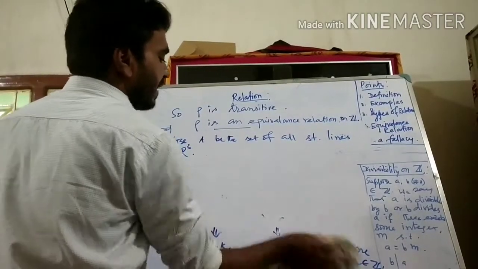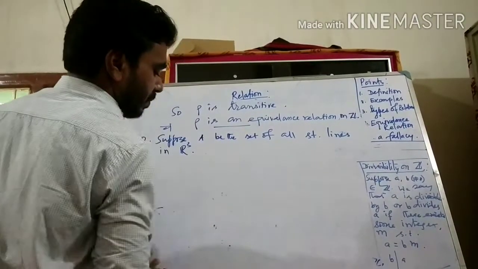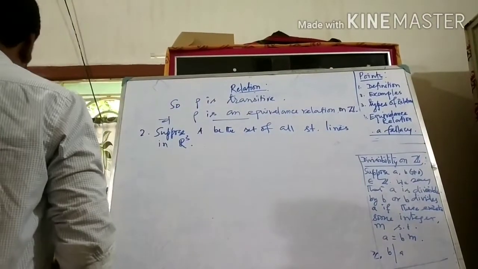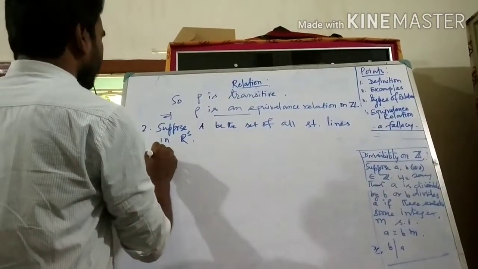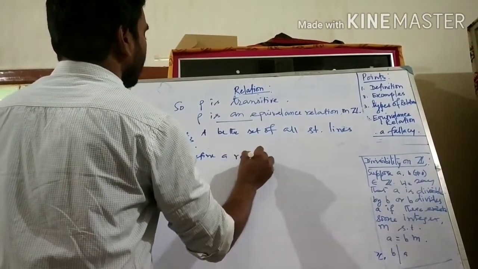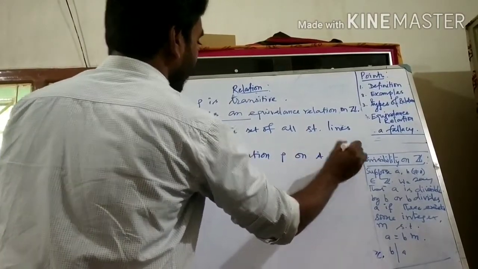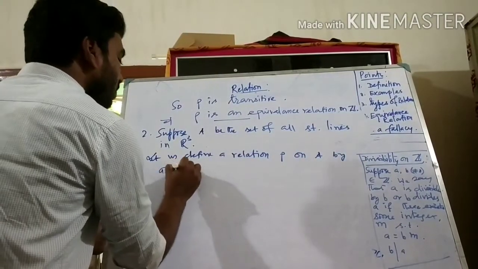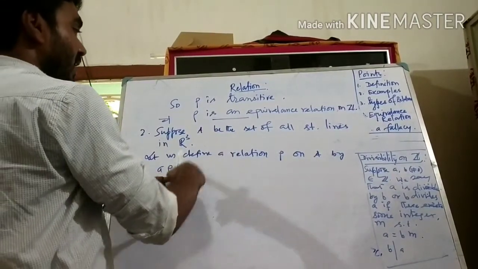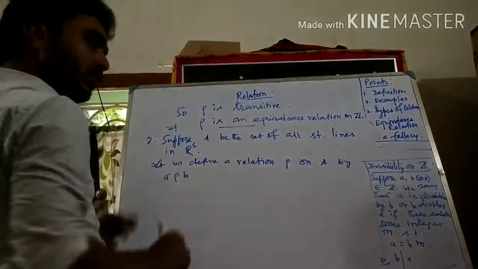We are going to define a relation on that set A. Let us define a relation rho on A. A rho B, there is a relation between A and B, where A and B are coming from the set A. That means A is a straight line, B is also a straight line.